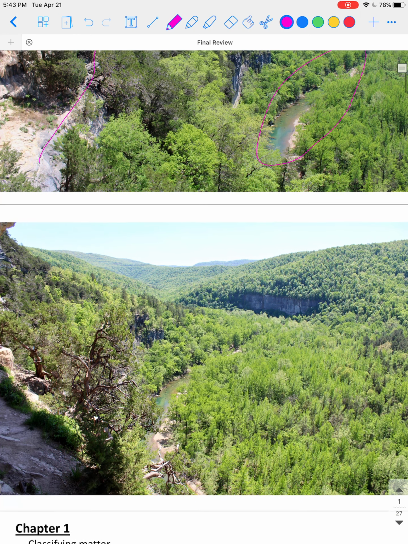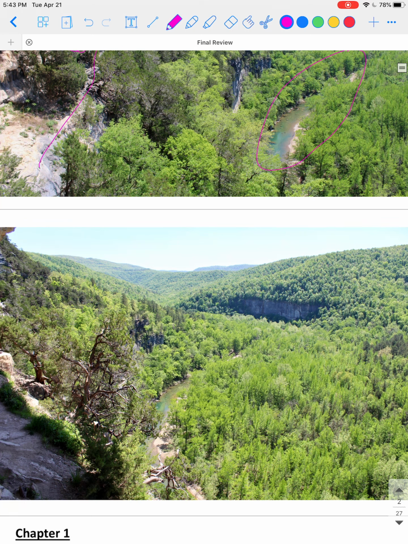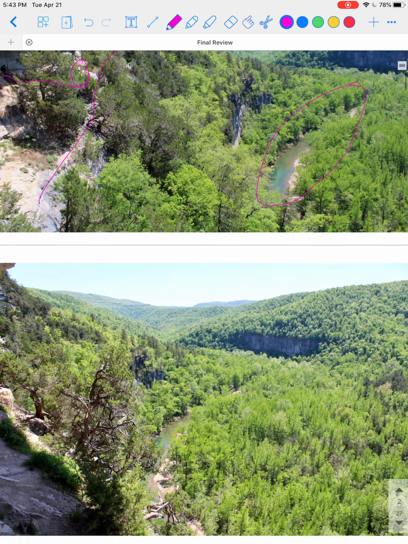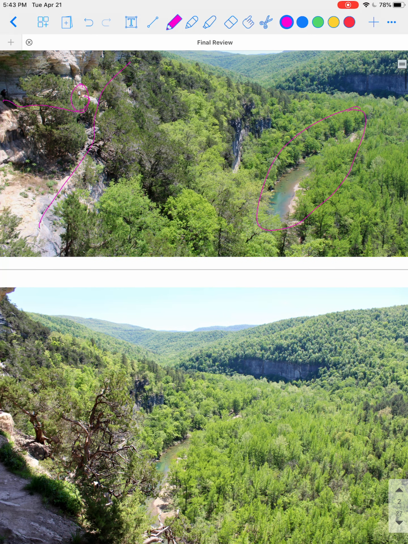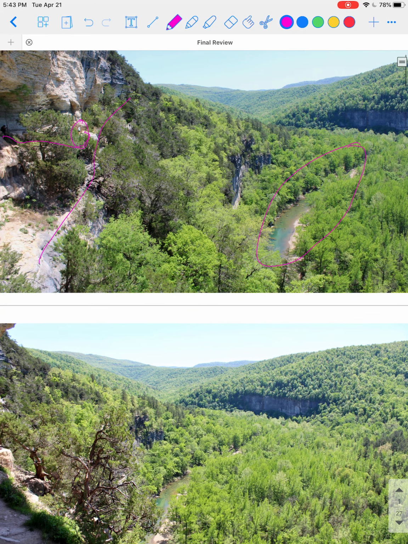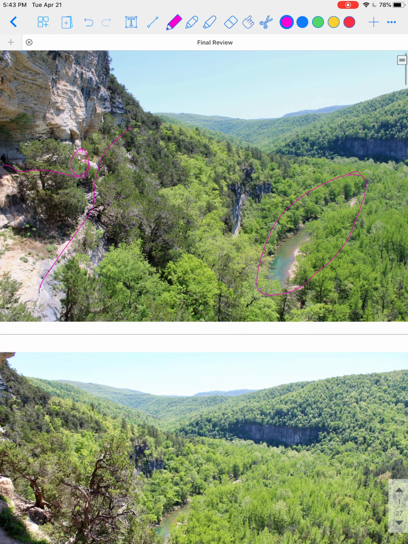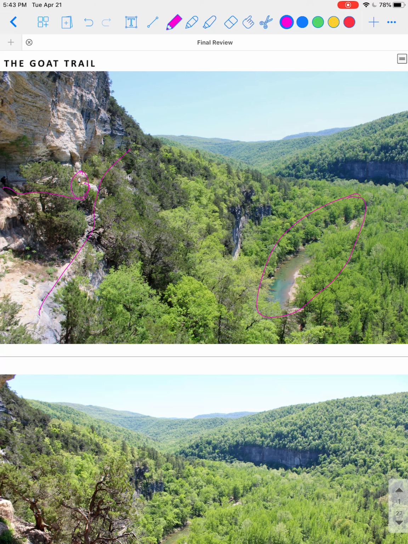It's a little bit of a hike to get to the actual goat trail. Here's another picture from the goat trail down on the river. So again, if you don't like ledges or hiking close to ledges, this is probably not recommended for you, but it's a really great trail. The only other thing I have to say is why they call it the goat trail.